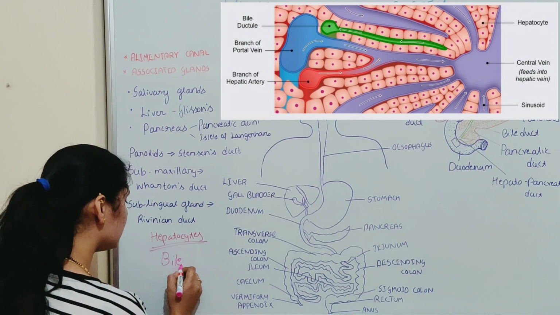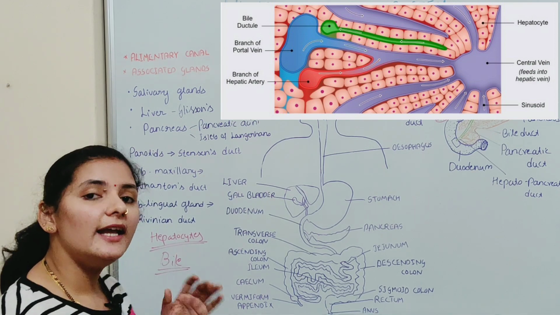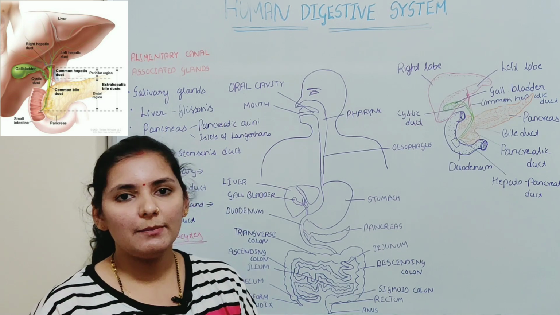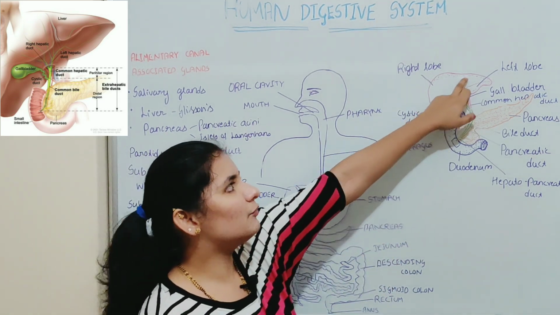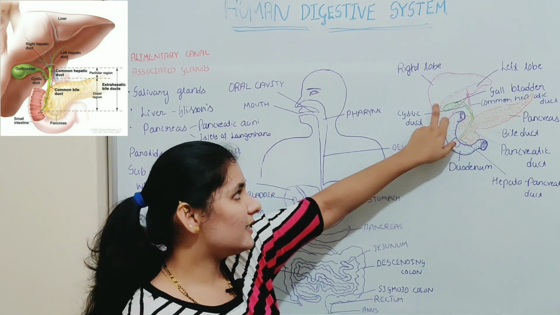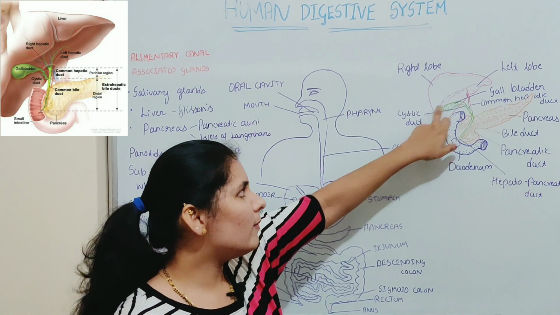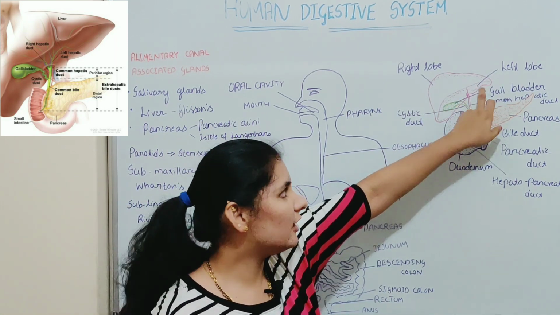So bile juice is secreted by these hepatocytes into the space called bile capillary. These bile capillaries join together to form a right and left hepatic duct. The right hepatic duct drains the bile juice from the right lobe and the left hepatic duct drains the bile juice from the left lobe.